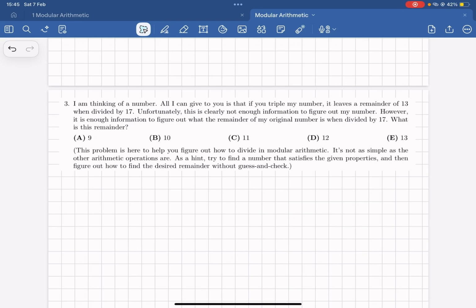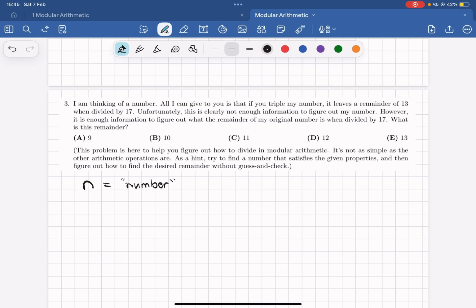What is this remainder? Alright, let's try converting this really lengthy, wordy problem into some maths. We're given that if I triple my number, it leaves a remainder of 13 when divided by 17. So let n be this number. The number's what?